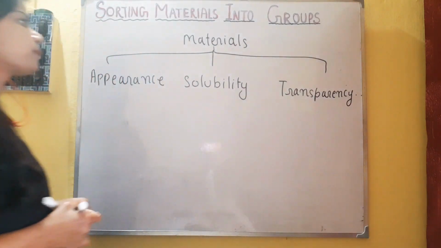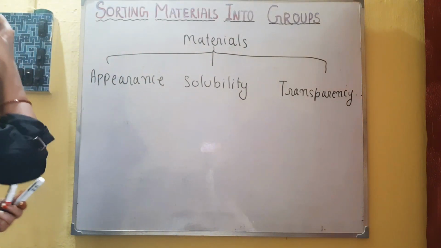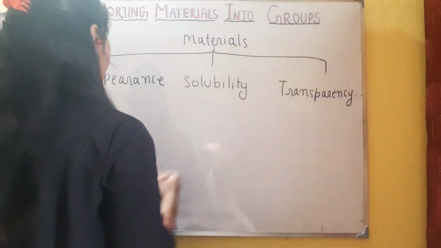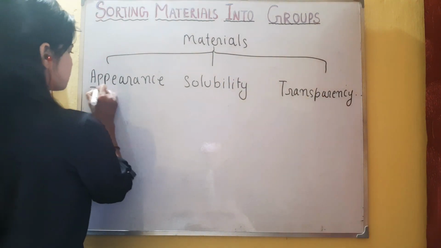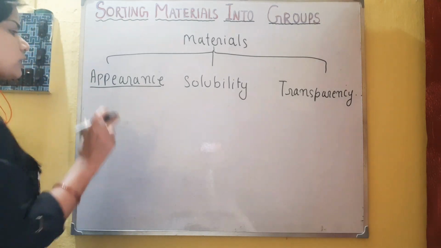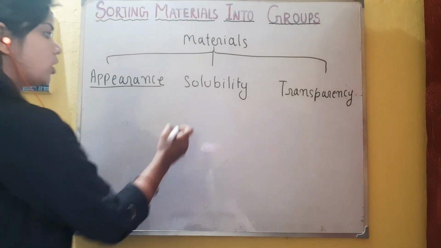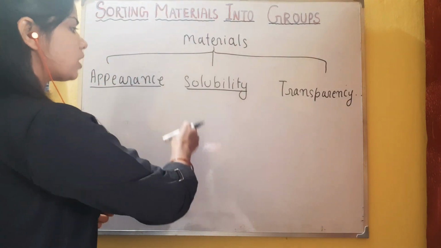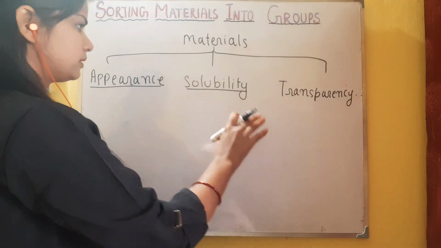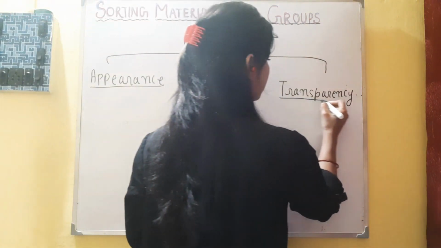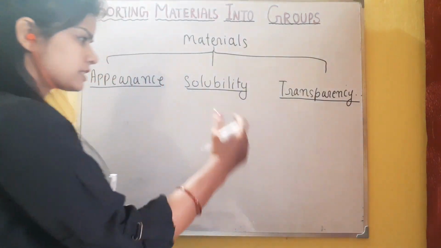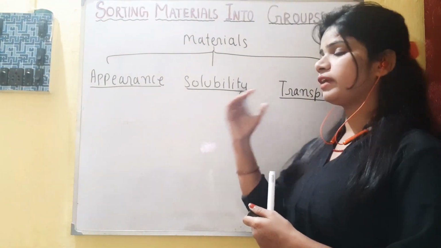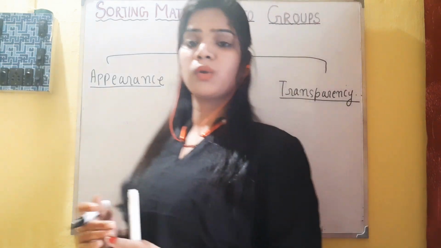So we divide materials on the basis of their appearance, solubility and transparency. Appearance means how it looks. Solubility means whether it can be dissolved in water or not. Transparency means whether we can see beyond an object or not.